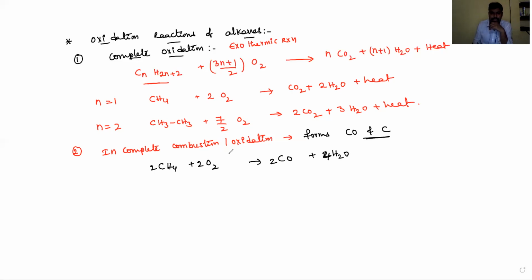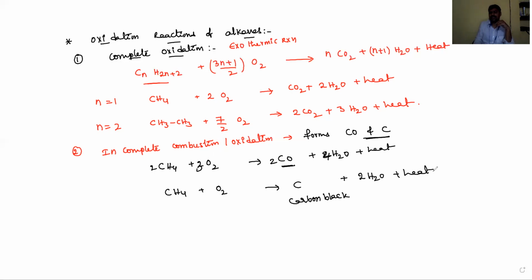Here 4 plus 2, 6, means 3 moles of O2 we have to take, and it will produce heat. So incomplete combustion produces carbon monoxide, or sometimes carbon also forms. If it forms carbon, this is also called carbon black. Okay, and it forms 2H2O and releases heat, and it is also exothermic only.